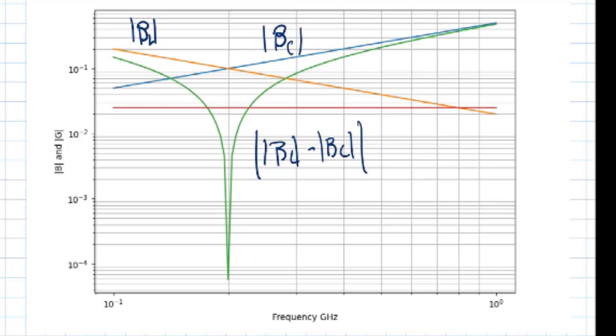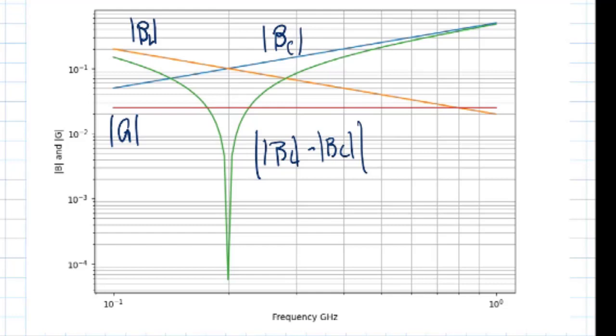So in red, we're showing the magnitude of the conductance. Now, when we define the bandwidth as the 3 dB bandwidth, that's where, like we said, the amplitude drops by a half of the signal power.